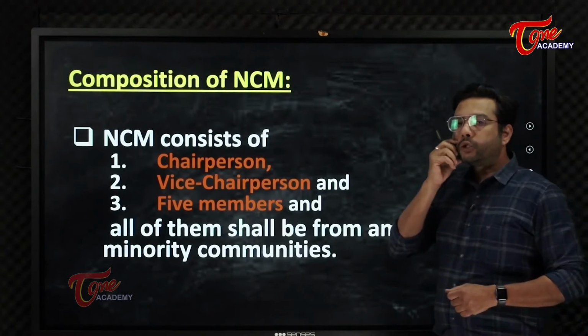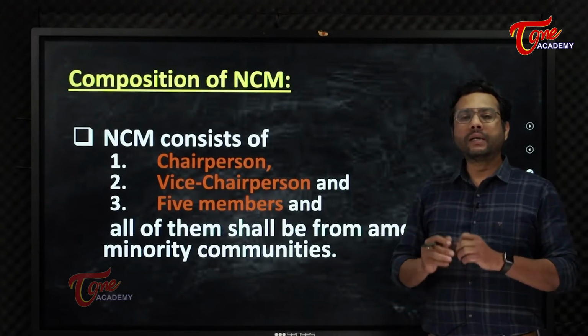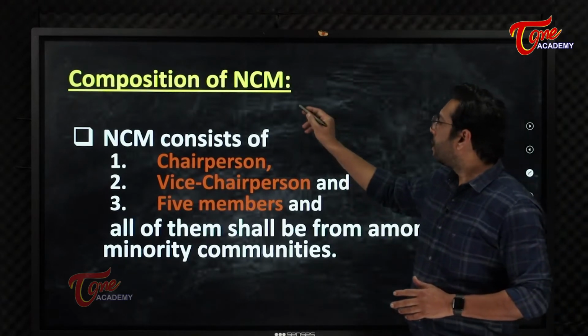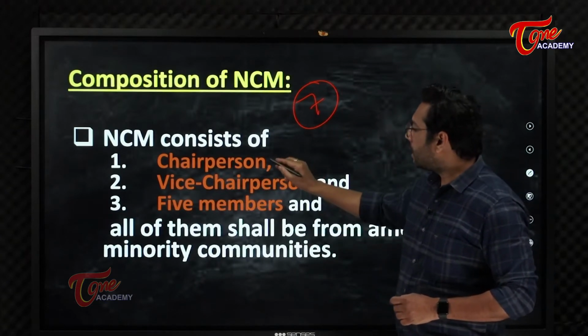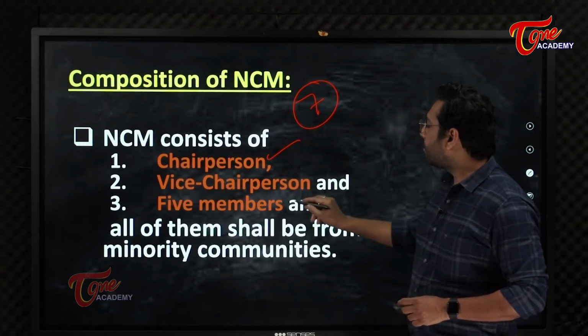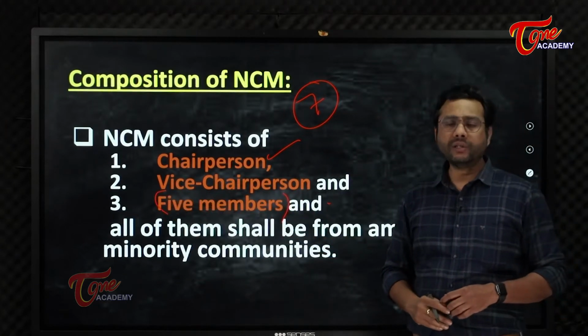So, what is the composition of the National Commission for Minorities? We have in total a 7-member body. We have 7 members, that is 1 chairperson, 1 vice chairperson and 5 members. This may be a probable question in the examination.